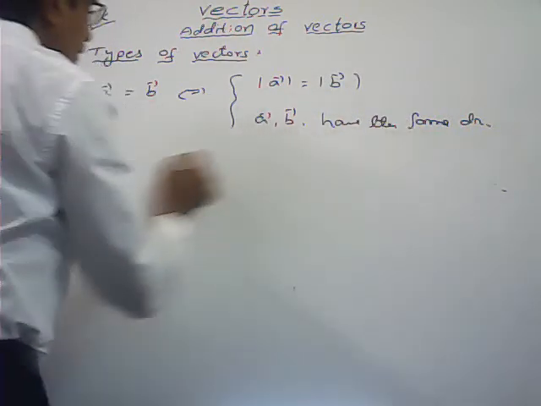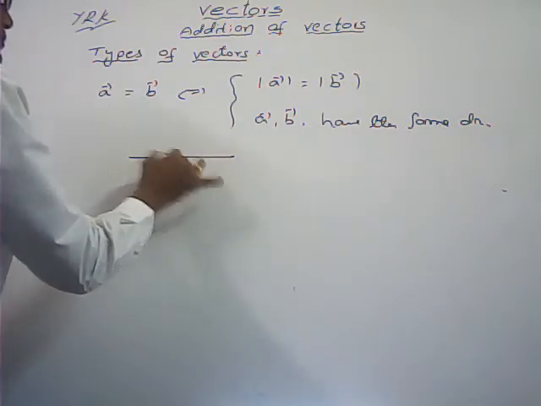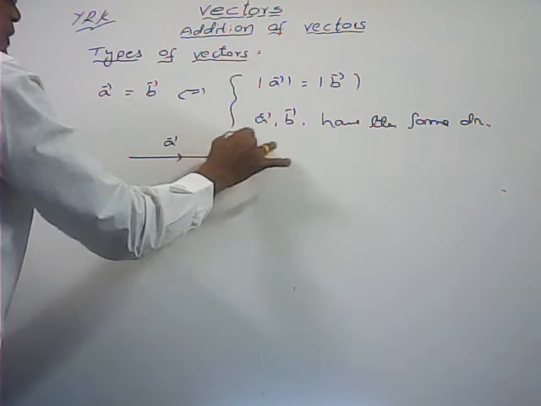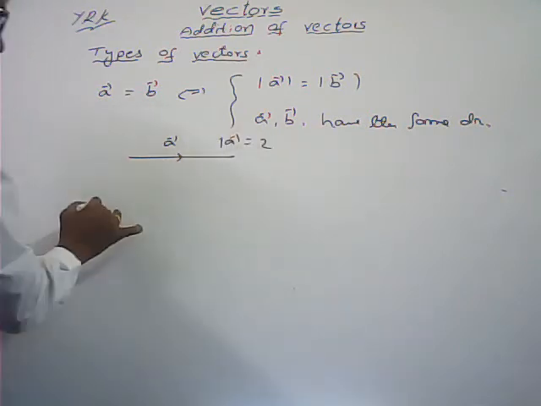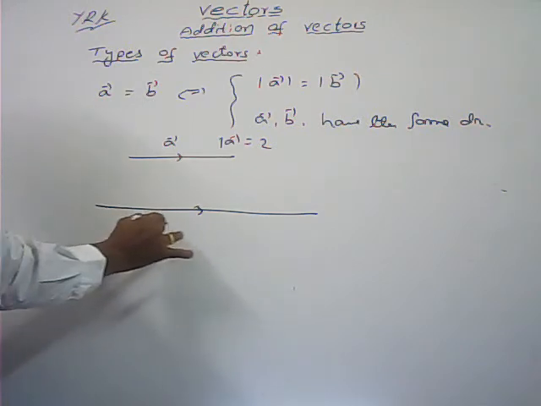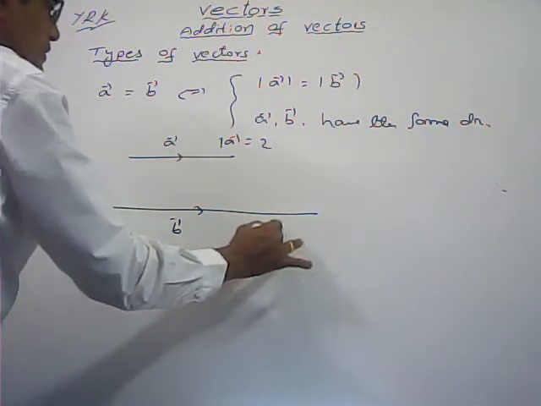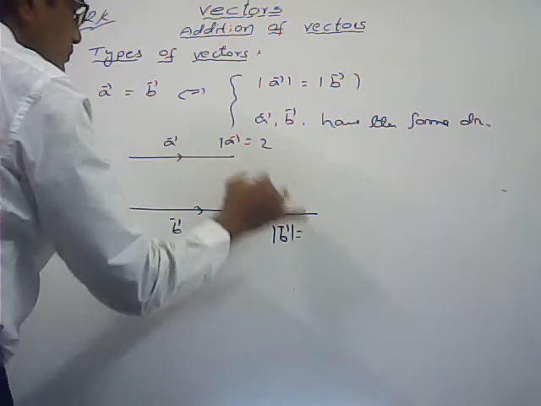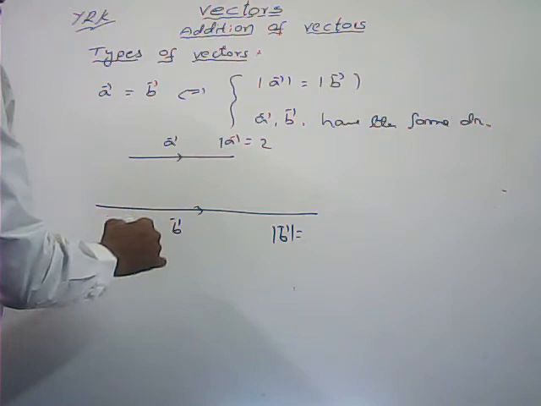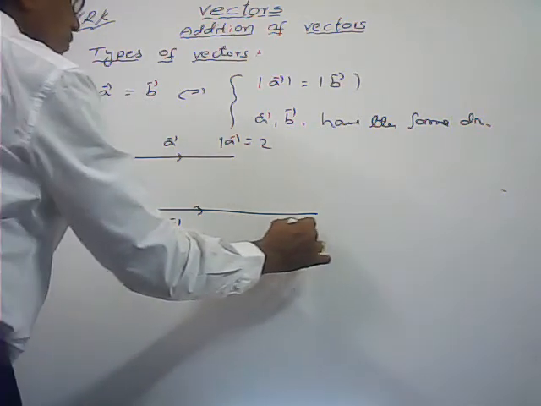For example, here this is one of the vectors. This one I am taking a bar, and here modulus of a bar I am taking 2 units, and one more I am taking, this one b bar, and modulus of b bar is equal to 4.